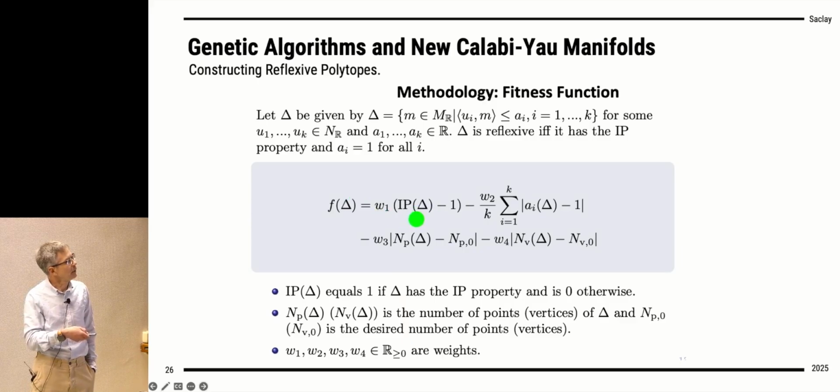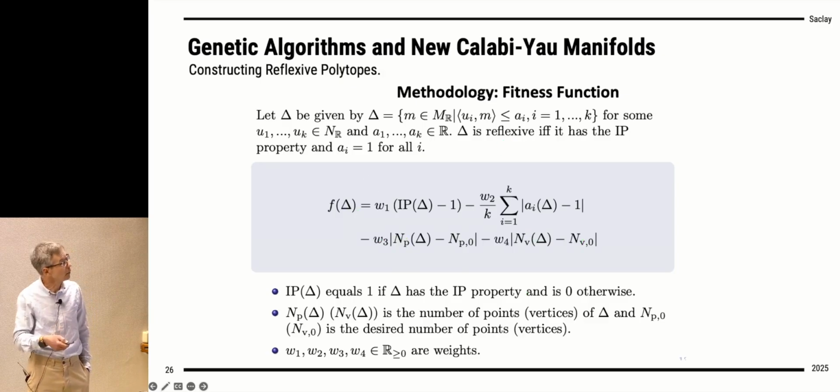IP is the internal property. There's one point in the internal manifold. So when this is satisfied, this is equal to 1, and 0 otherwise. And then you have other conditions that you may want to impose, represented by this part of the loss function, and then you also have to specify, let's say, the number of points, the number of vertices, just to simplify the search, and this is how you set up your loss function. Okay.